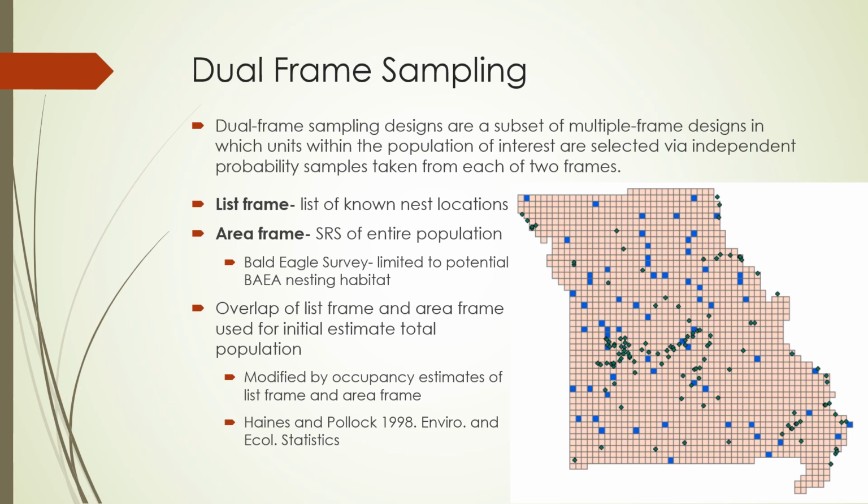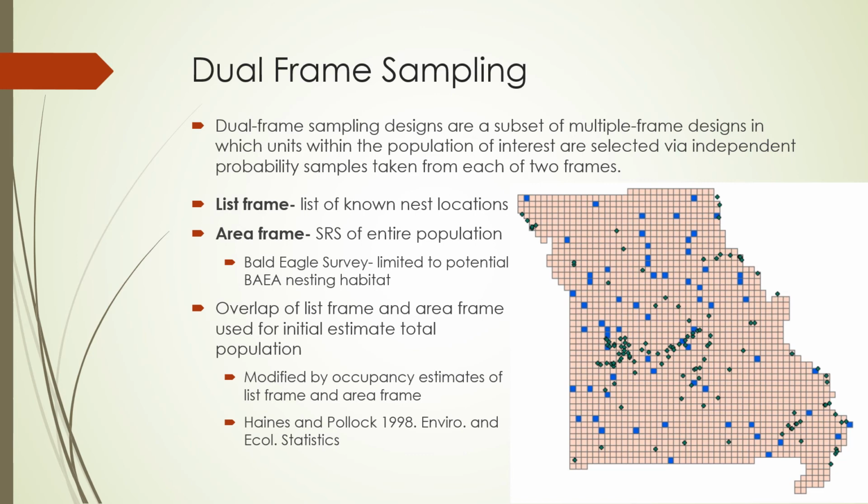People have gone back and checked out these nesting pairs. So that could maybe be useful for looking at trends over time to see how many of those sites are remaining occupied over time. But it really isn't going to give you a measure of, say, the total number of nests that might be out there or bald eagle pairs.